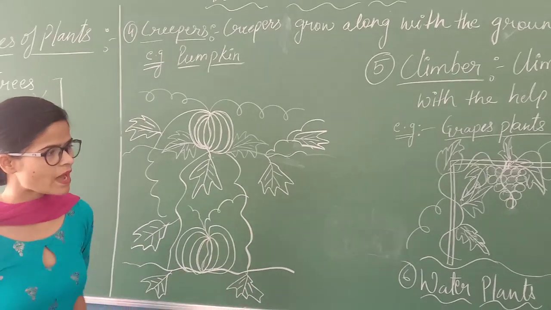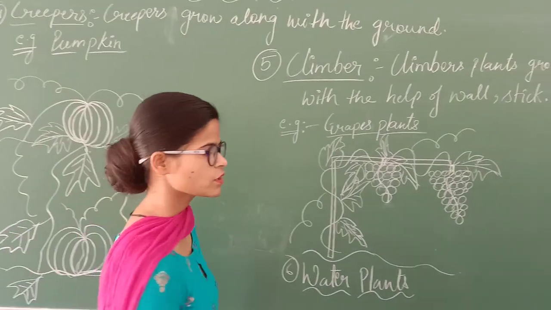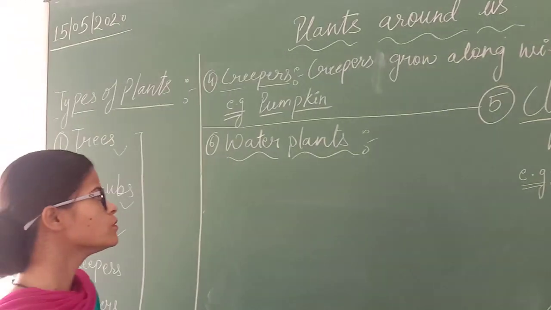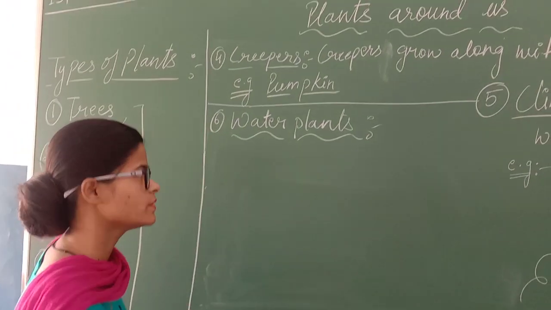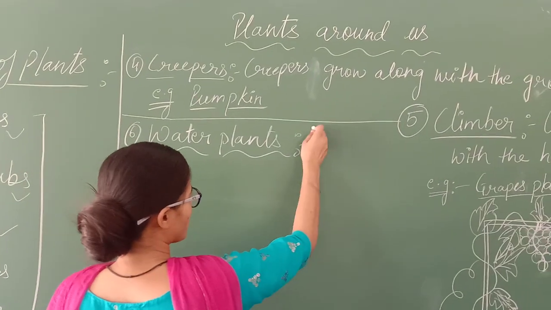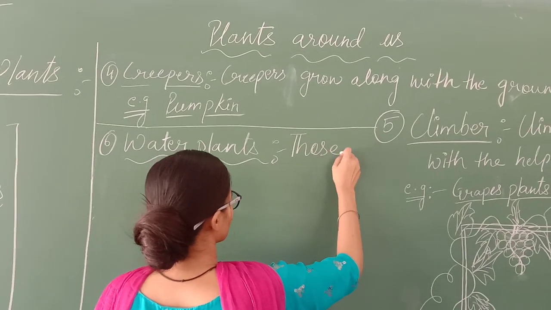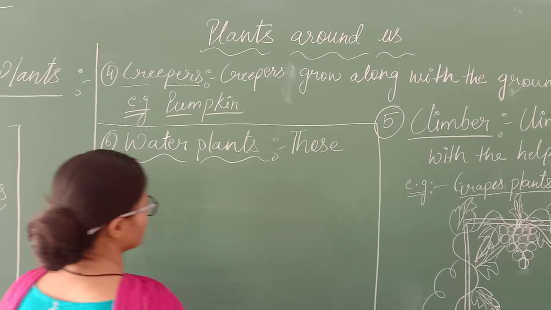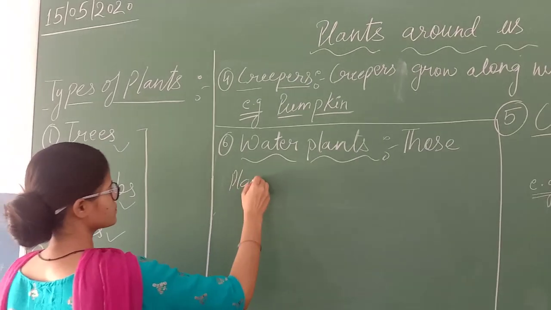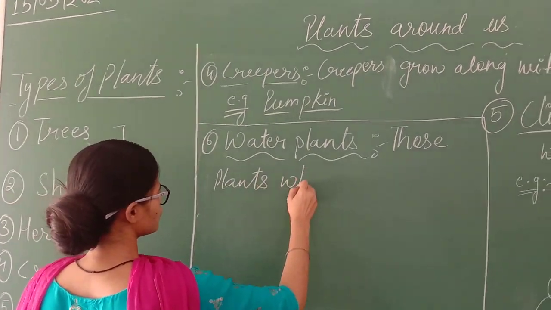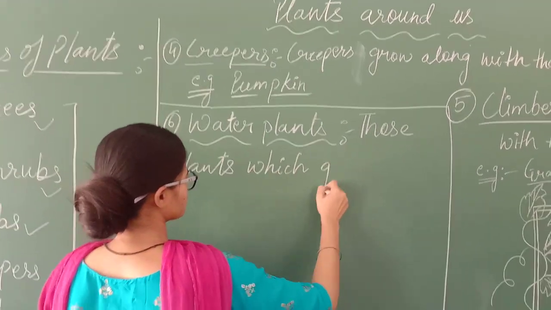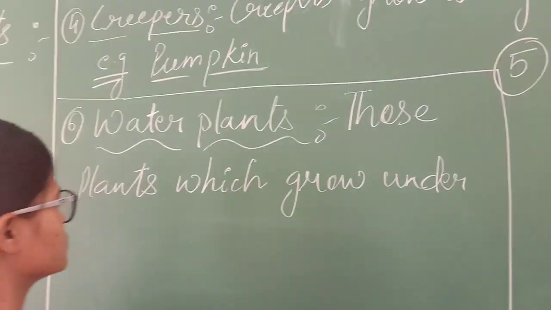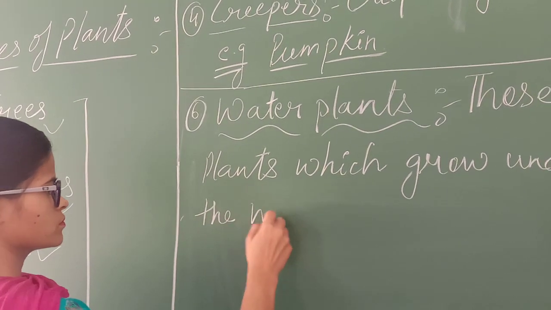Okay, so now I will draw water plant for you. Okay, so water plant. Now what will be the definition of water plant? Those plants which grow under the water.